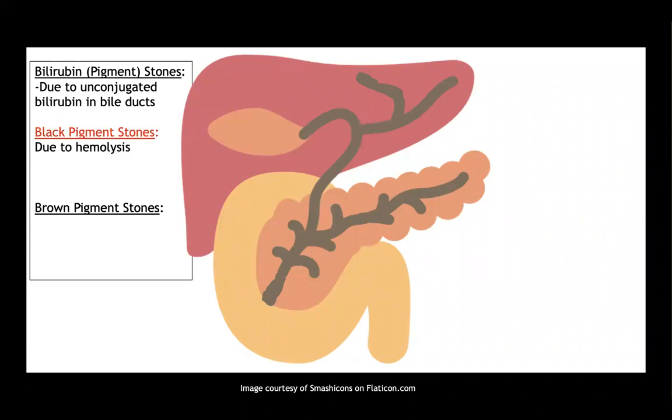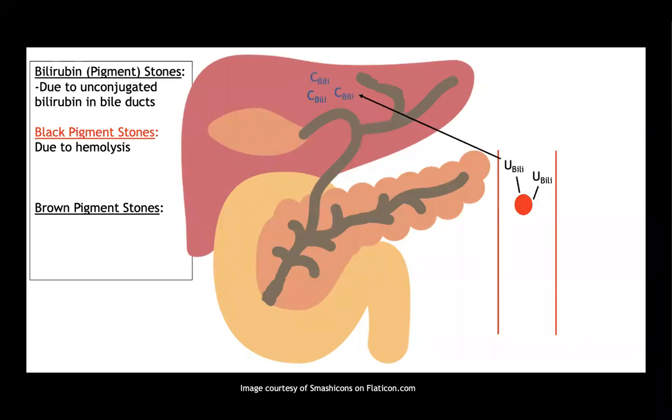Black pigment stones form because of hemolysis. So if we have our red blood cells, imagine most of the time, any broken down unconjugated bilirubin will be converted to conjugated bilirubin. And so we don't have any risk of bilirubin gallstones in this case. However, if you have a ton of red blood cells that are all dying, they're just releasing a vast amount of unconjugated bilirubin.